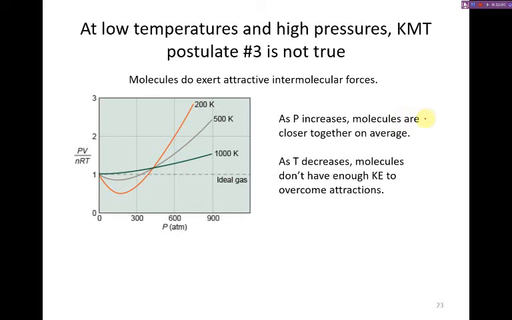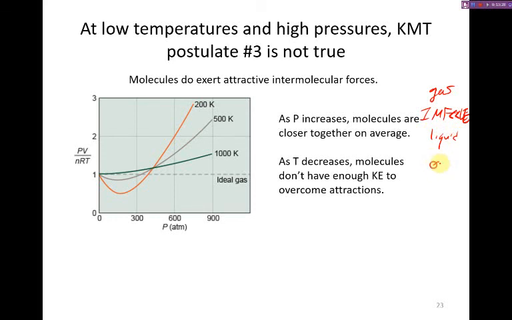When we introduced this at the beginning of chapter 11, we talked about how, if we're comparing intermolecular forces to kinetic energy, for gases the kinetic energy is much, much higher.